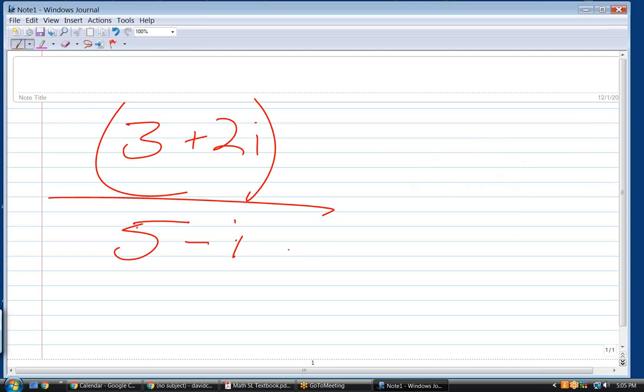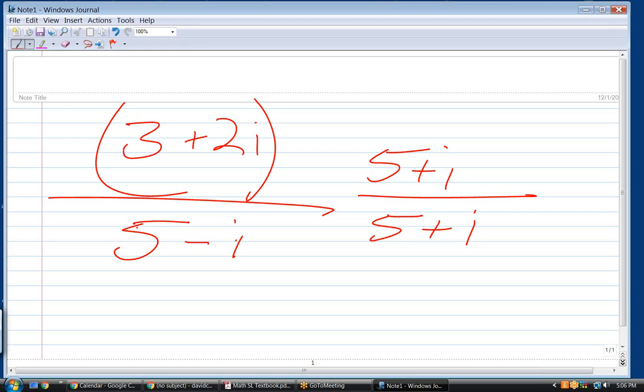I'm going to multiply top and bottom by the conjugate of the bottom. Conjugate is just opposite sign. Since I multiply the bottom by that, I've got to multiply the top by that. What's going to happen is the bottom's going to turn into a real number.